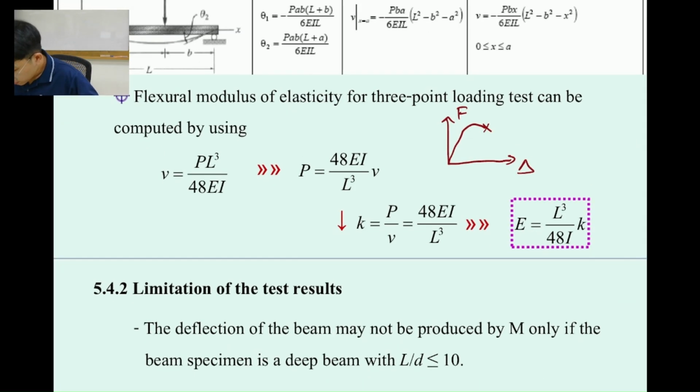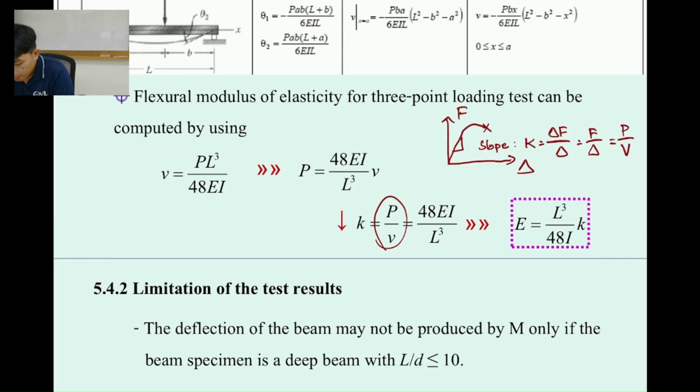Okay, so the slope over here, let's call it K, is equal to delta F over the delta of the deflection. So it's going to be F over delta, but from our theory in these lectures, we use P over V.